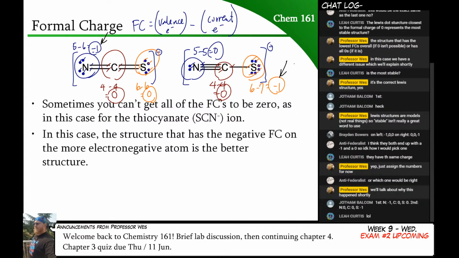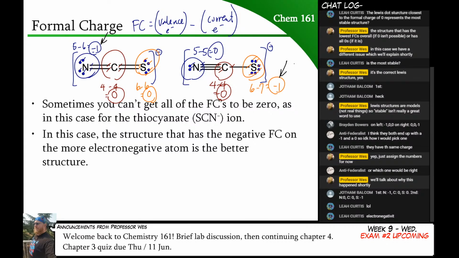What property dictates how well atoms attract electrons to itself? Yeah, there you go, electronegativity. So we're going to give the negative one to the atom that is more electronegative, which is what, N or S?